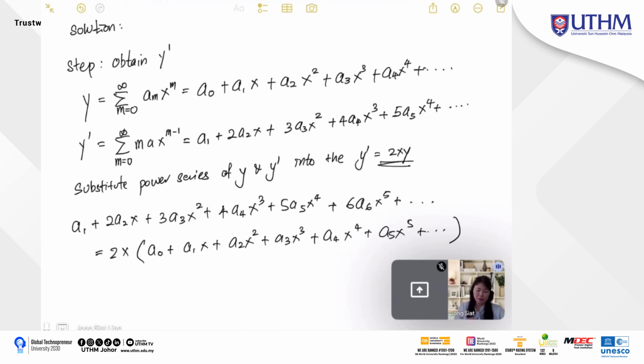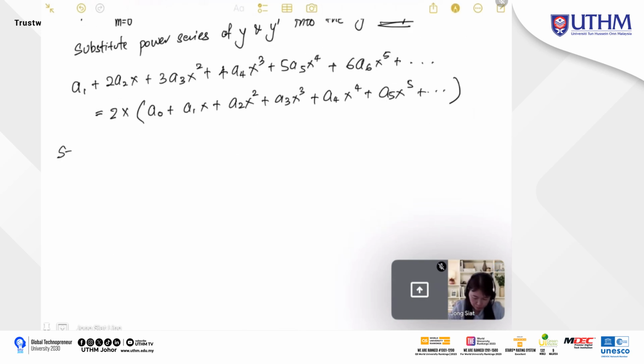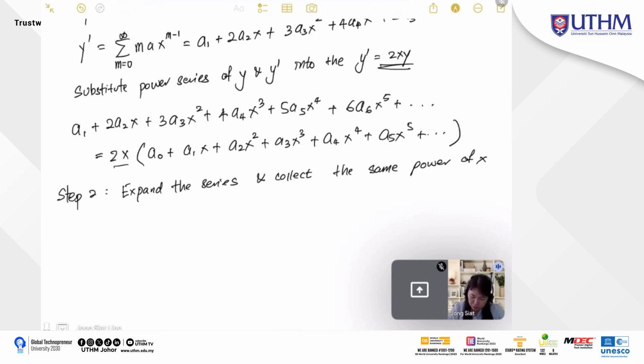Then we continue with step 2. Step 2 is to expand the series and collect the same power of x. This means these two you need to expand. I write it again. You get a1 plus 2a2 x and so on, the y prime stays the same.